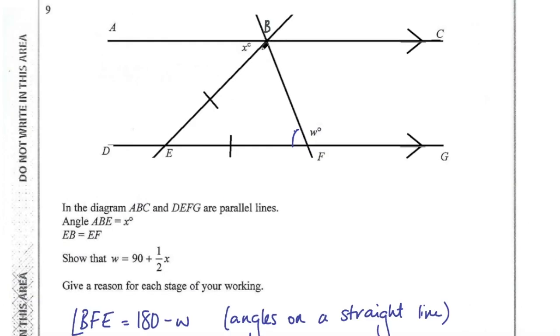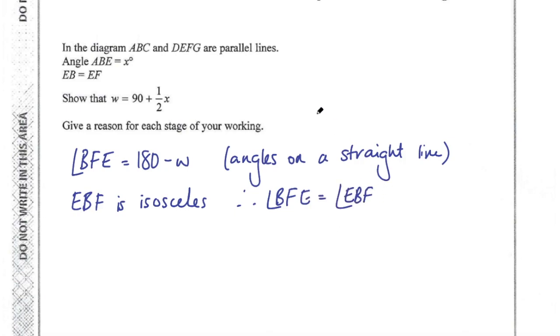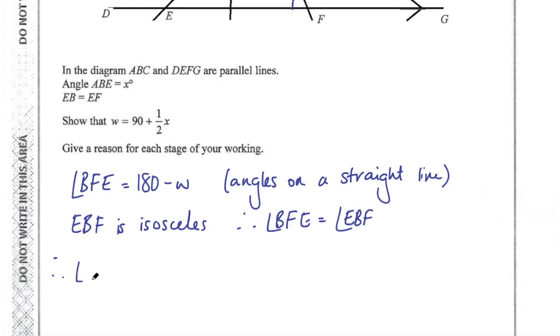And so therefore this angle up here must also equal 180 minus W because, as I said, base angles in an isosceles triangle. So actually I'd state that first: EBF is isosceles, so therefore angle BFE equals angle EBF. So therefore angle EBF equals 180 minus W.